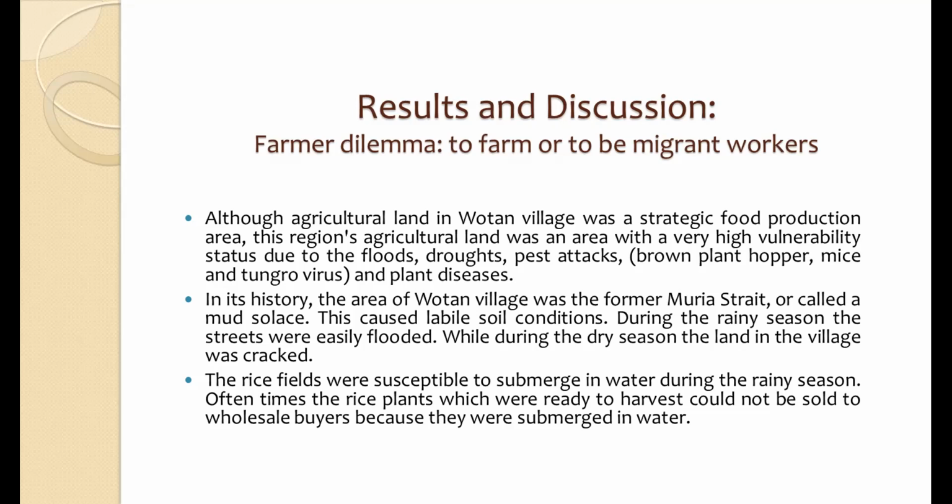One of the alternatives to get income was to work as a migrant, both inside and outside the country. The phenomenon of Wotan village people becoming overseas migrants began to emerge and reach its peak in 2010.